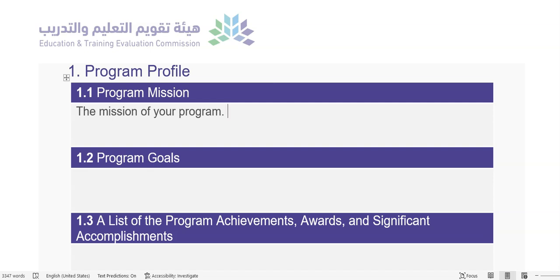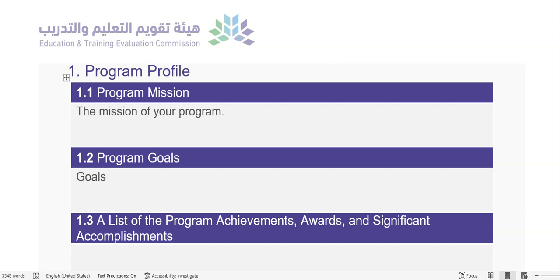If you updated your program mission and program goals, please make sure that they are the same everywhere, because this is important. The program evaluators will check your mission and goals.